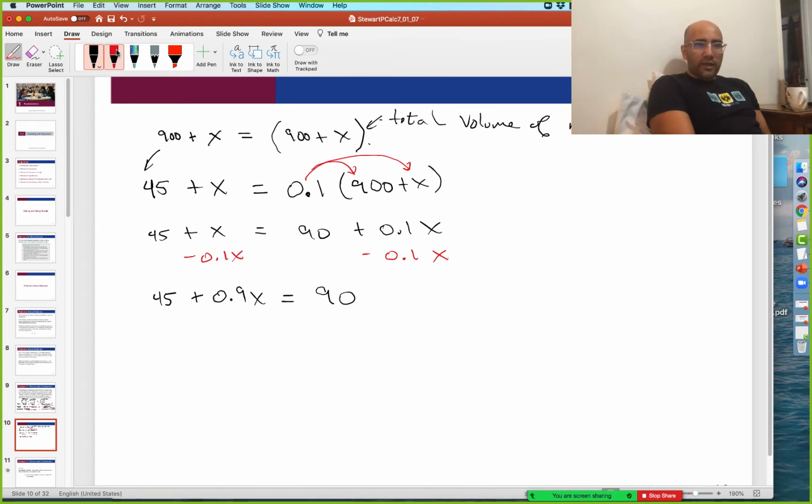And now I can subtract 45 from this side, minus 45, minus 45, and that gives me 0.9x equals 45. And so x equals 45 divided by 0.9, should be 50.